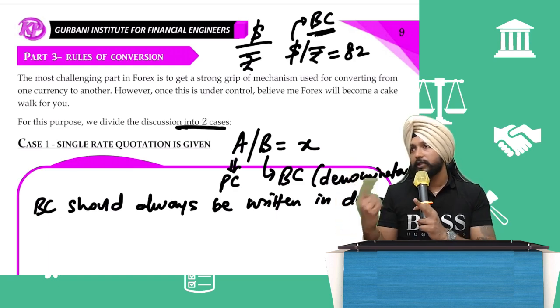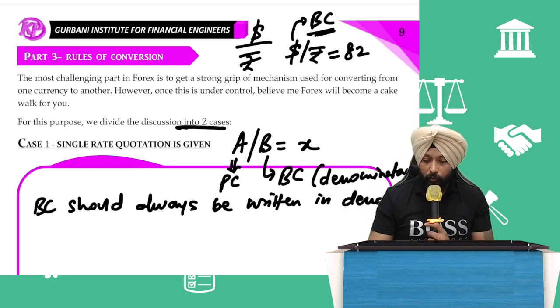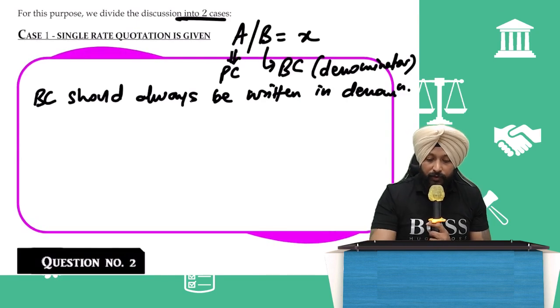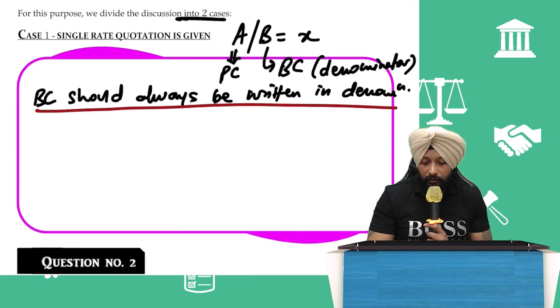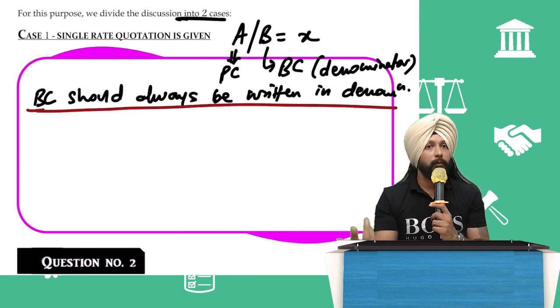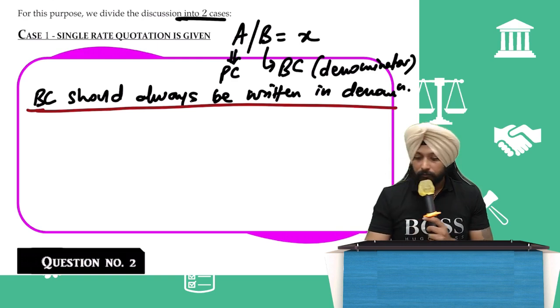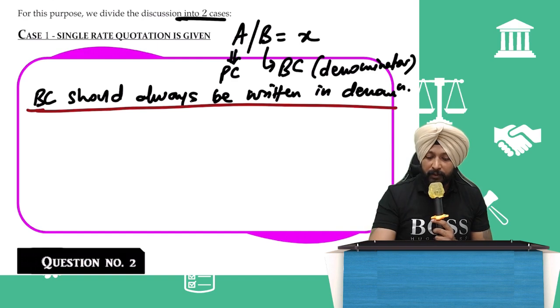But we know this is not correct. What we want is the base currency in the denominator. That is why I have told you that when you apply the rules, first make sure that the base currency is always written in the denominator. So what if the institute gives it in the numerator? Then you rewrite the quotation with the base currency in the denominator. You got my point? Base currency should always be in the denominator.